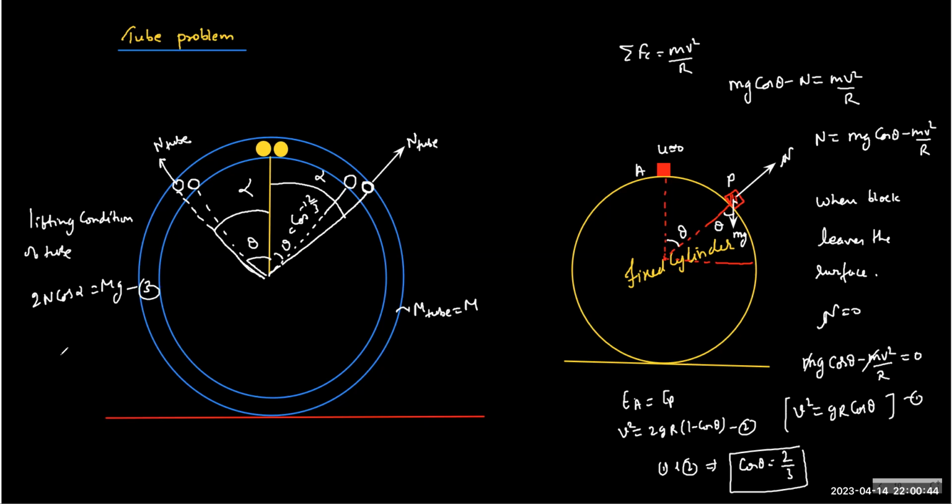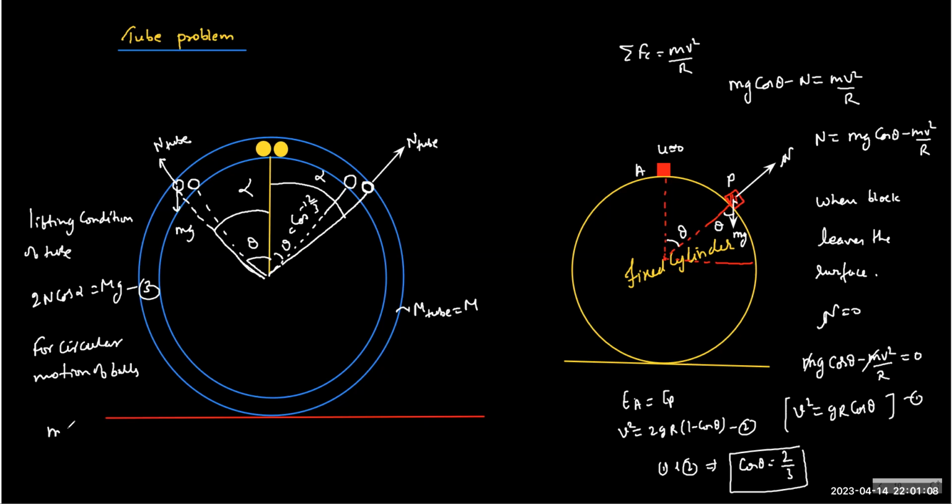And what else you can write is, for the circular motion of the ball, the normal will act inside, by Newton's third law, and gravity will act this way.